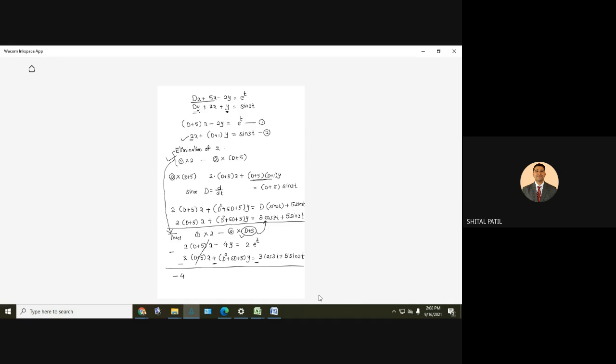So minus 4 minus D square minus 6D minus 5, everything is minus, y equal to 2 e raised to t minus 3 cos 3t minus 5 sine 3t. Cancel minus sign from both sides and simplify. D square plus 6D plus 9, y equal to 3 cos 3t.